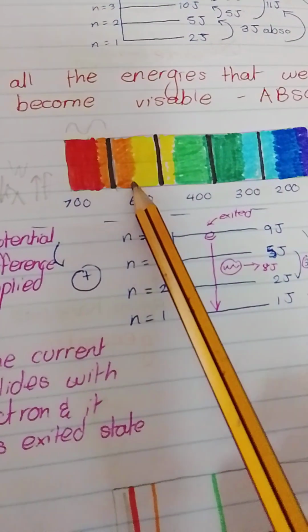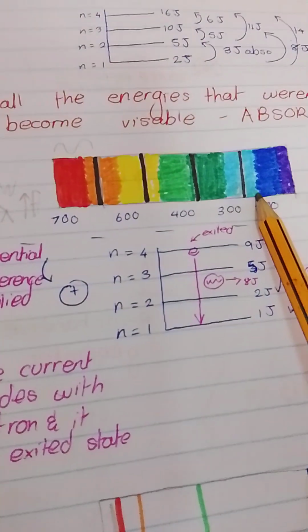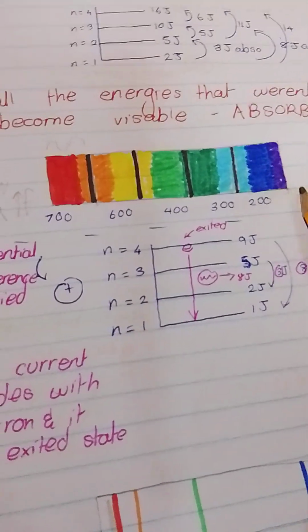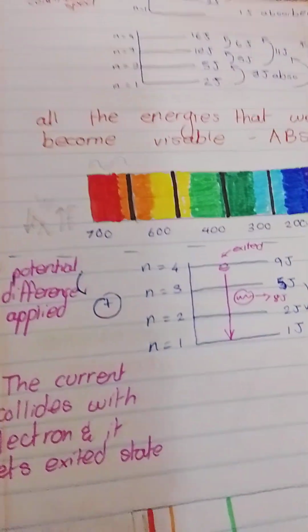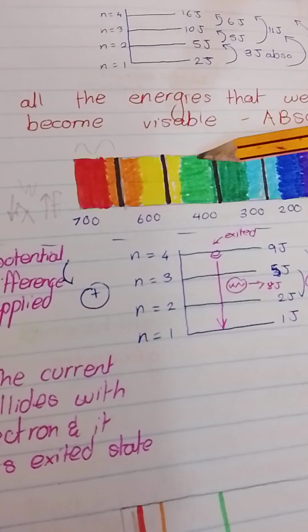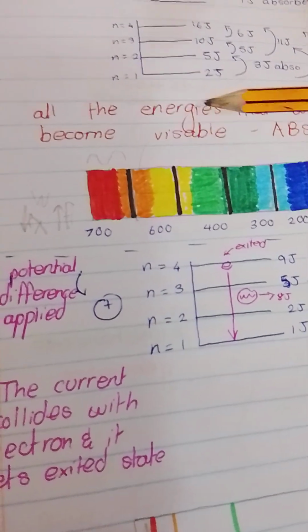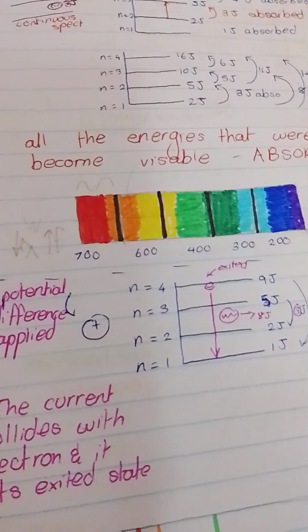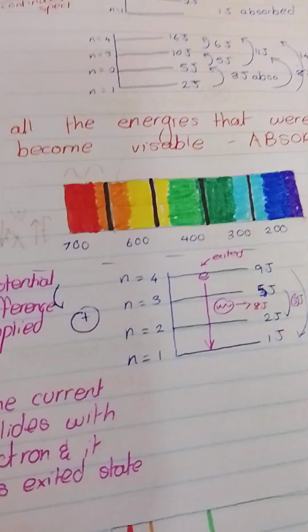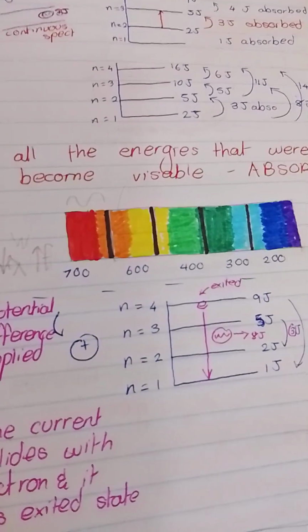Then it goes red, orange, yellow, green, blue. Don't forget indigo and violet too. You must remember that song because oftentimes they're going to ask you which one has the higher frequency, the green light or the orange light. They won't tell you which is higher and which is lower.